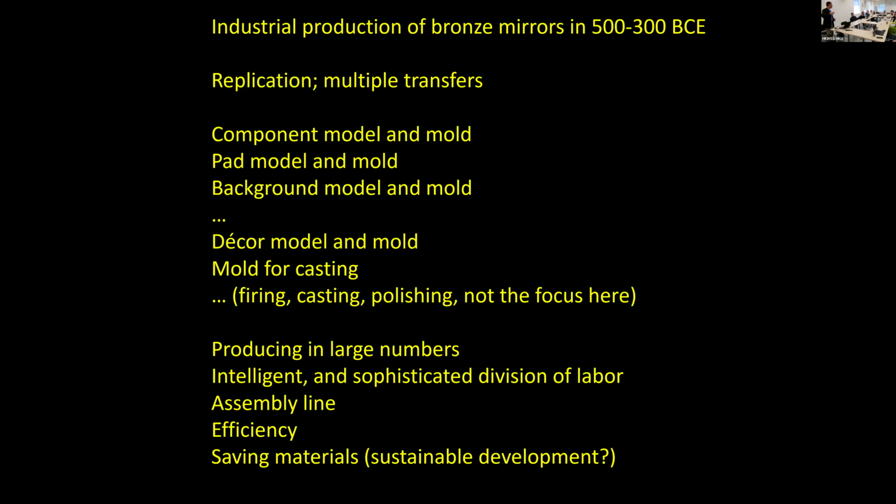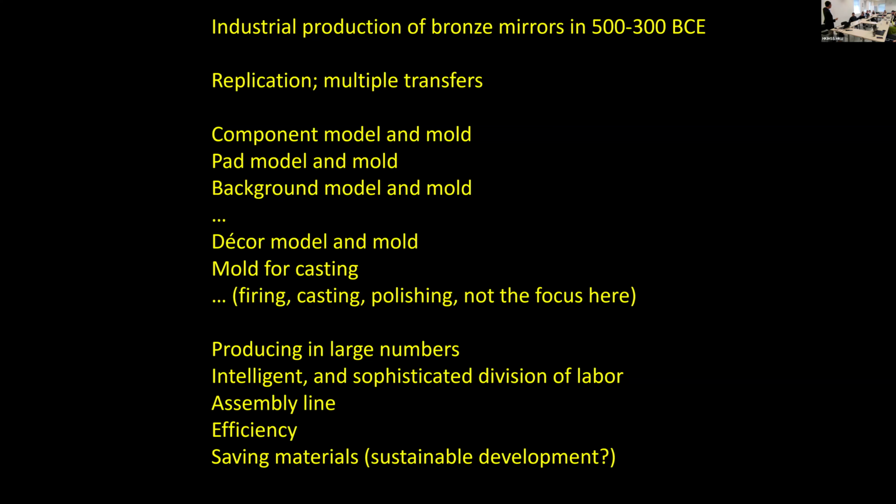They did a lot of replication with multiple transfers between models and molds: component models and molds, head models and molds, background models and molds, and decor models and molds, until the molds for casting. I'm already excluding firing, casting, and polishing. They're not the focus here.